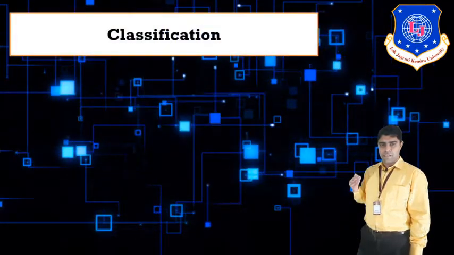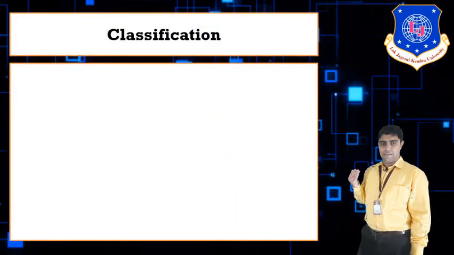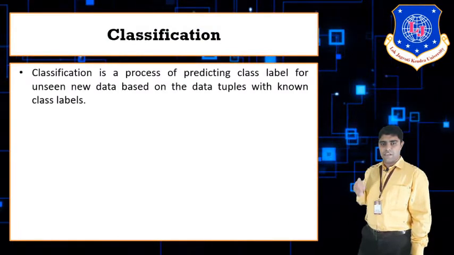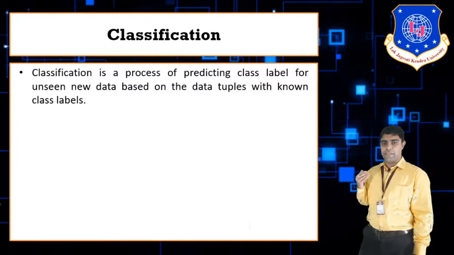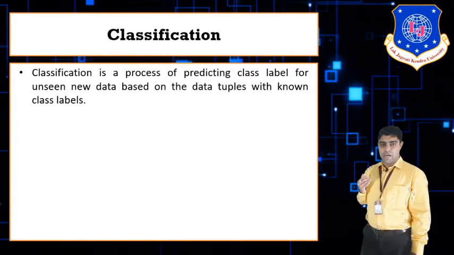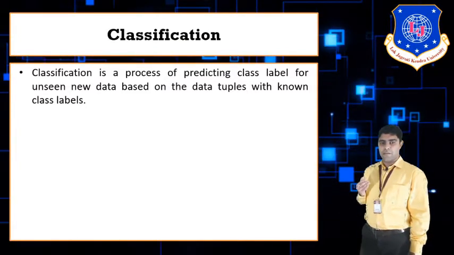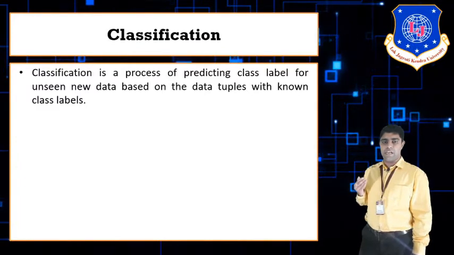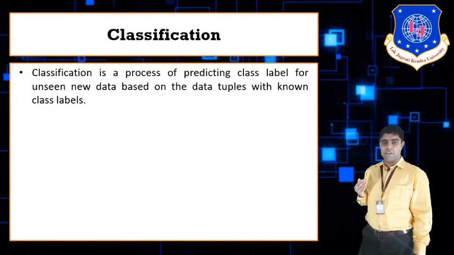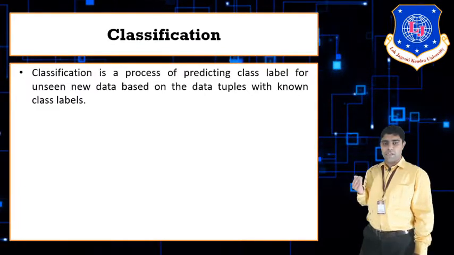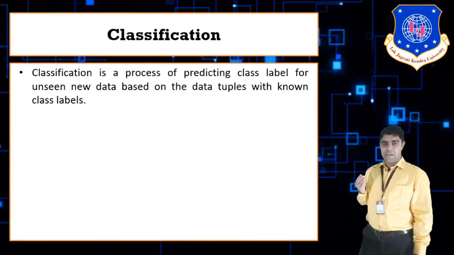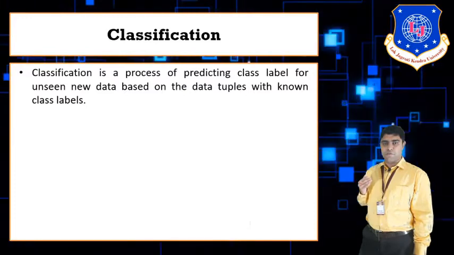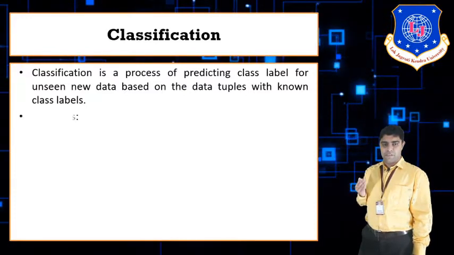First is classification. Classification is a process of predicting the class, where we will predict the class label for new, unseen data, based on data tuples with unknown class labels. That is the process known as classification. For example, animals are divided into two types, vertebrates and invertebrates.